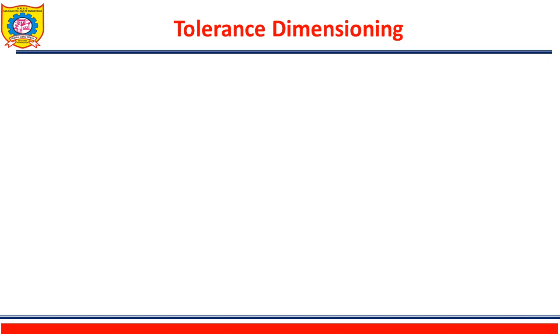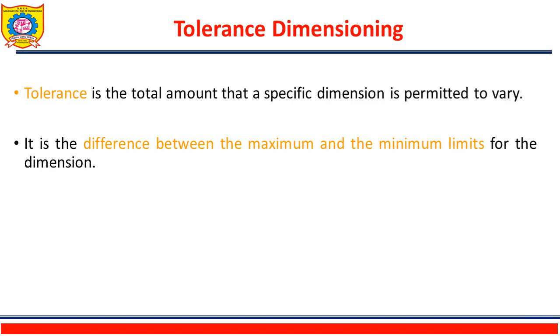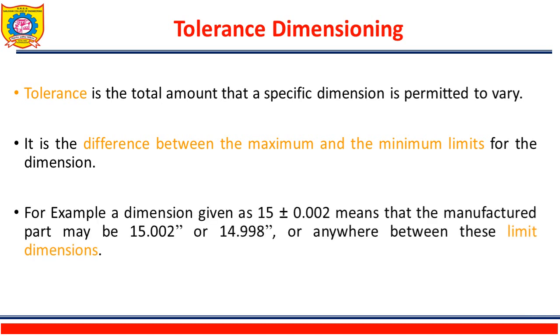Let us see here tolerance dimensioning. Tolerance is the total amount that a specific dimension is permitted to vary. We know that it is the difference between the maximum and minimum limits for the dimensions. For example, a dimension is given as 15 plus minus 0.002.